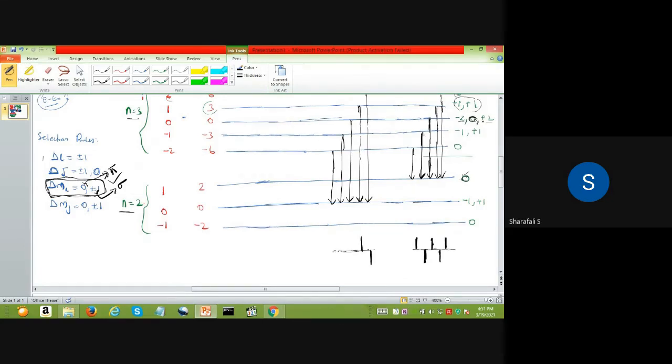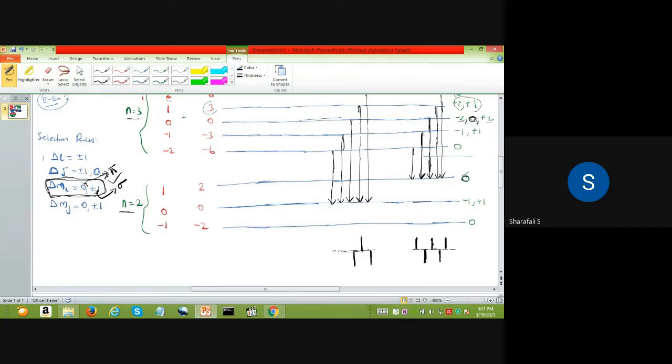Then minus 2, 0, plus 2 to minus 1, plus 1: in this case, only sigma is possible. If it is coming from 0 to minus 1 and plus 1, it will become minus 1 and plus 1, and minus 2 to plus 1 will give minus 1. For minus 2 to minus 1, it will be minus 3, so that is not allowed. Those allowed cases will give me a sigma component.